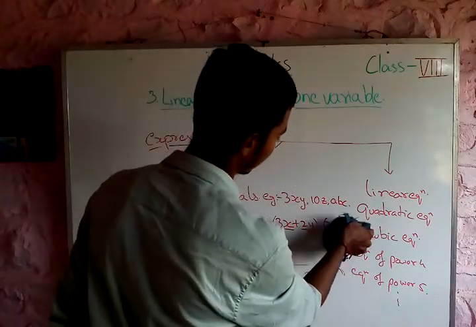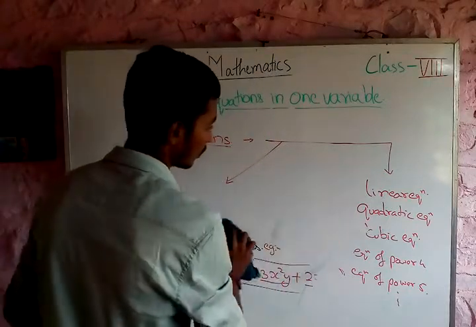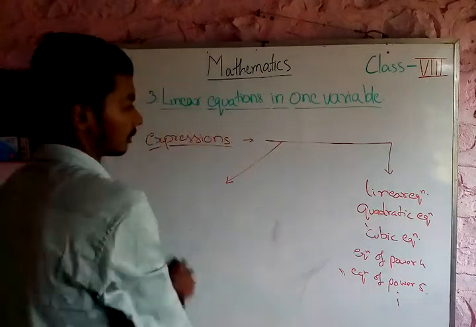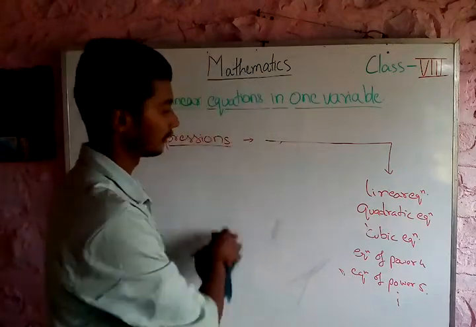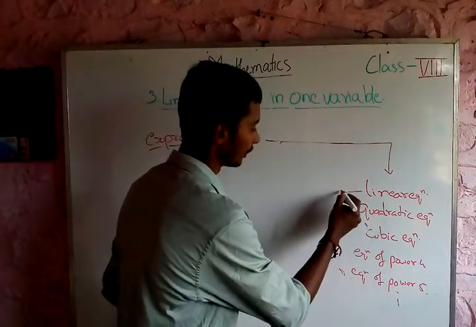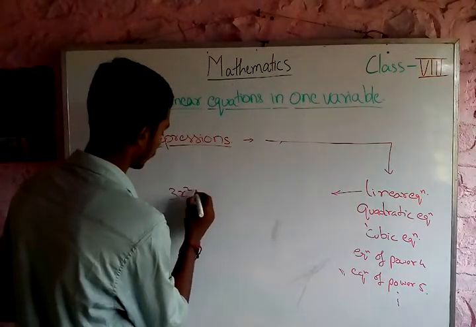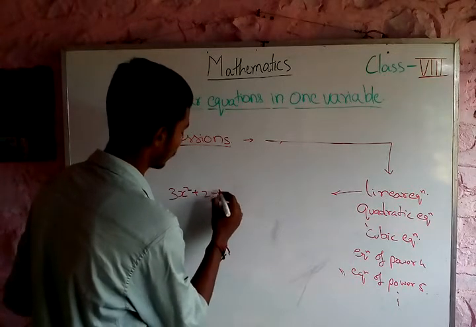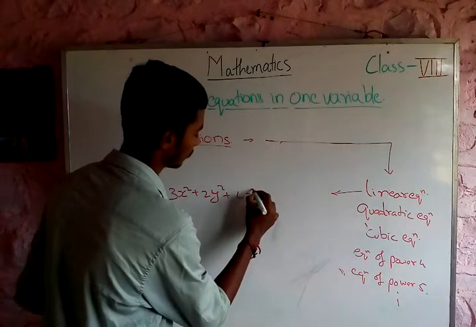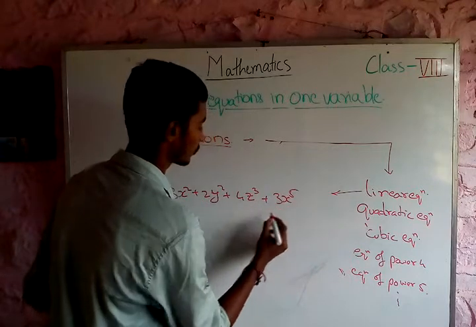The other is like this, that is linear, quadratic, cubic, and so on. Okay, now see what this type of classification indicates. Linear means, in the previous case I showed you some examples like 3x square plus 2y square plus 4z power 3 plus 3x power 5 or something of this kind.